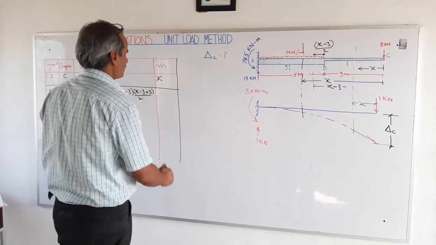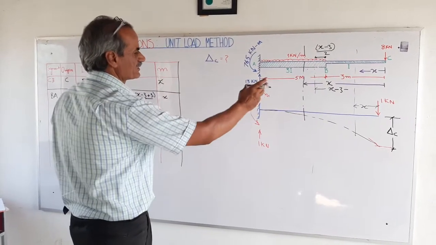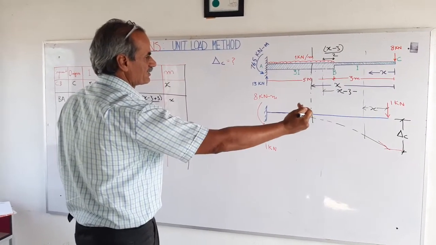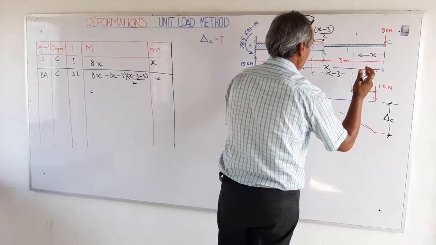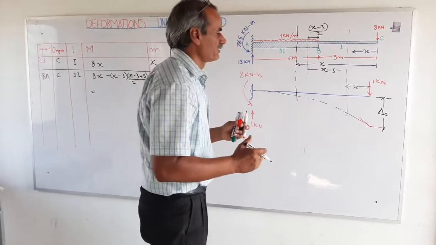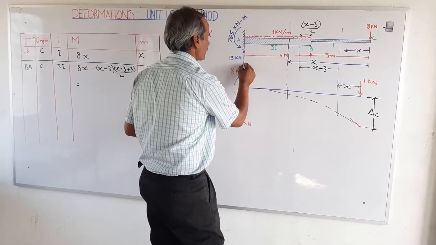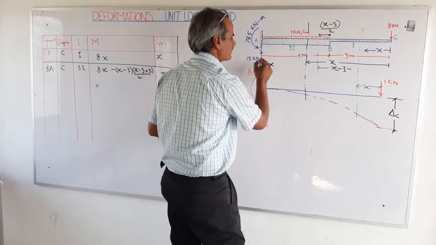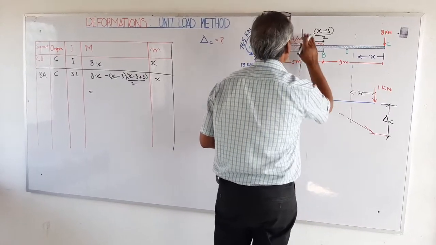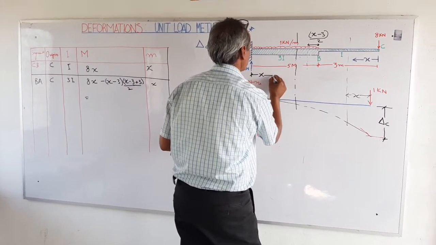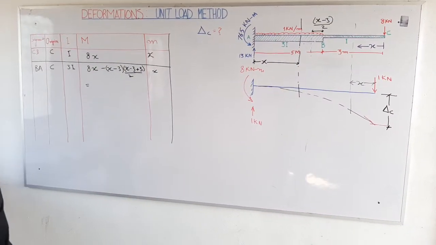Rather, to make it simple, there is some confusion while coming from this side, so to make it more simple, let's originate our x from this side, because it is a little confusing, I suppose. Let's say that x is originated from this side.